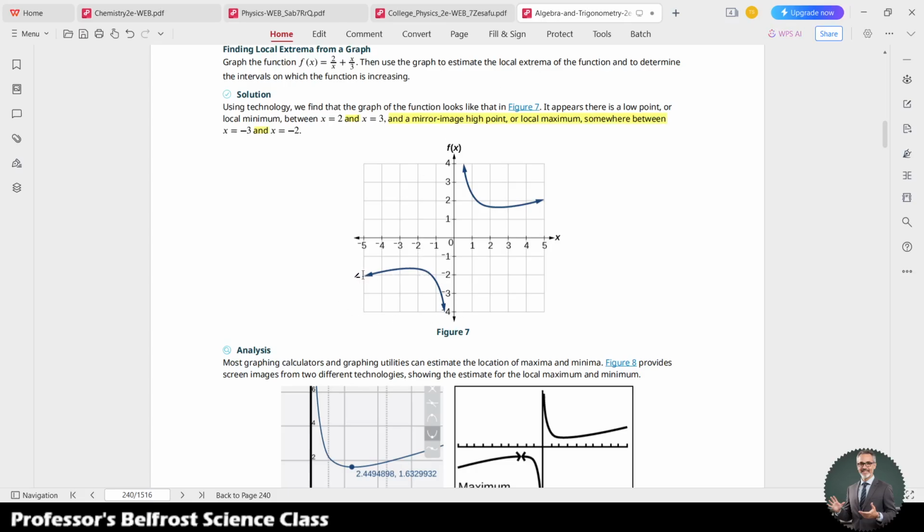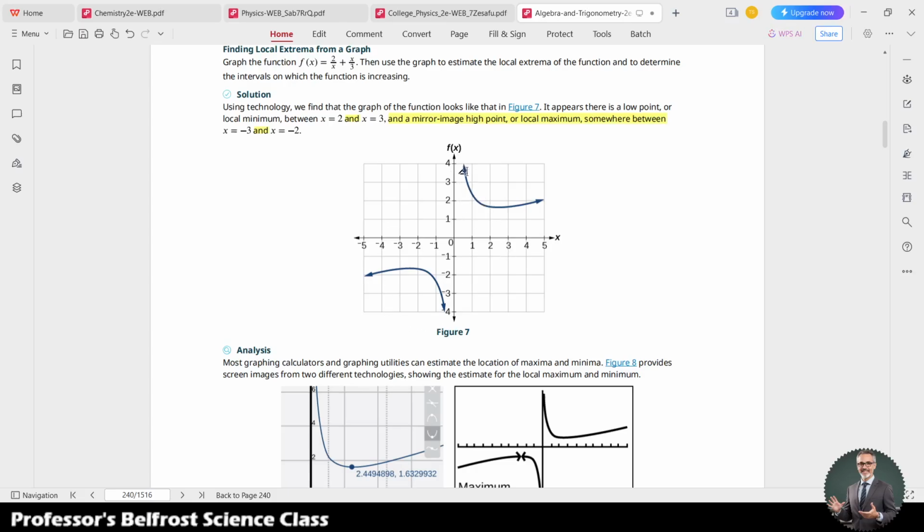We can clearly see that the local minimum is here, -4, and the local maximum is 4. It appears there is a low point, or local minimum, between x equals 2 and x equals 3.